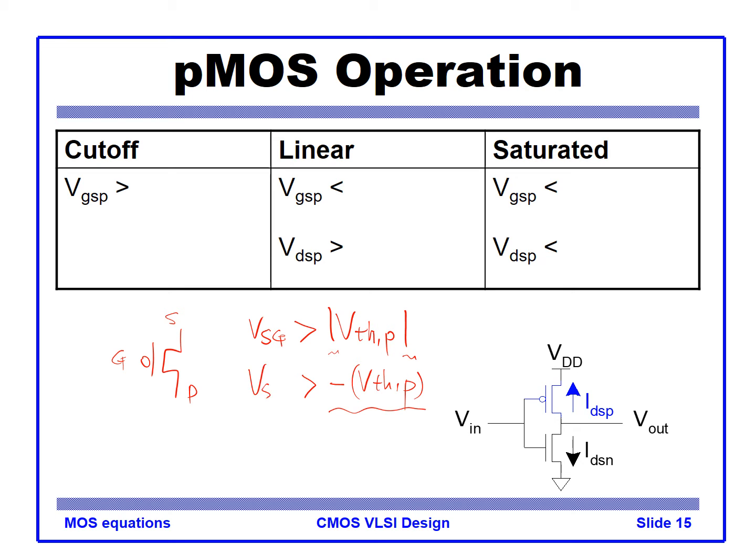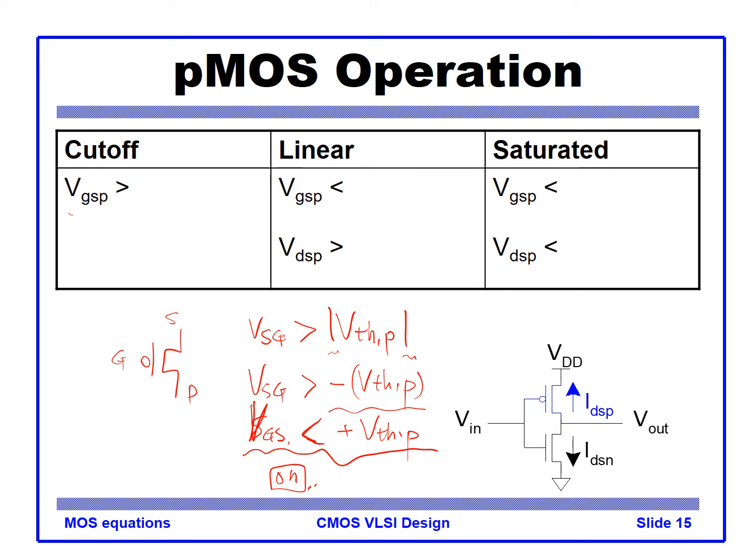So if you write VGS, change the inequality, then plus VTHP. This is the condition you want to make it turn on.